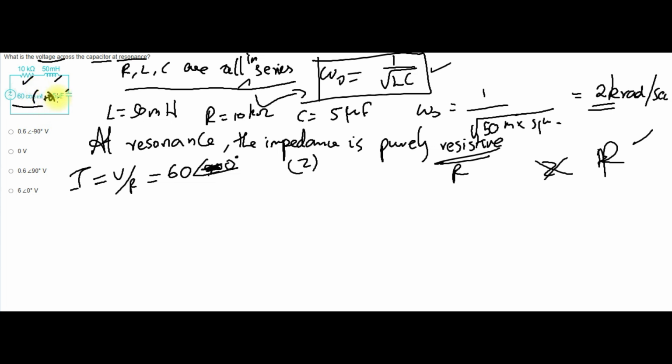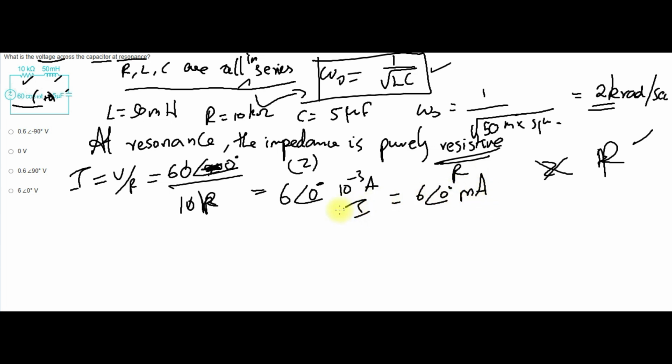Divided by R, they have given 10k. So we can write 60 angle 0, and because k means 10 power 3, when it goes to the numerator it is 10 power minus 3 ampere. It is equal to 6 angle 0 degree milliamps. Don't forget this I value.